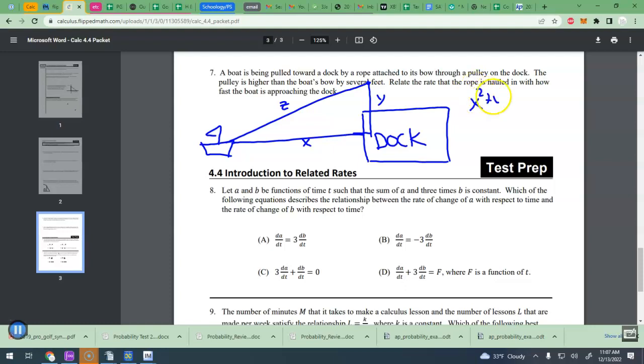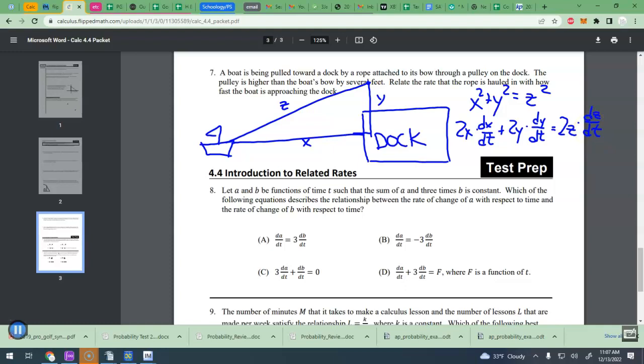So this would be your Pythagorean theorem, x squared plus y squared is z squared. And then if you take the derivatives, this is a really common one, so you'll get used to the triangle one. Which variable in this scenario is 0?